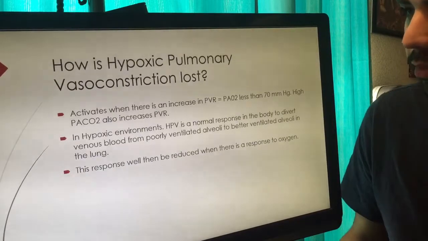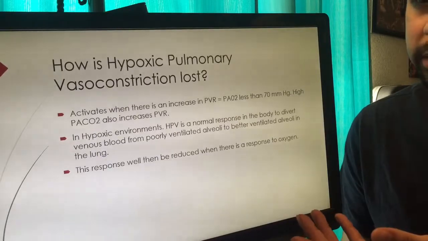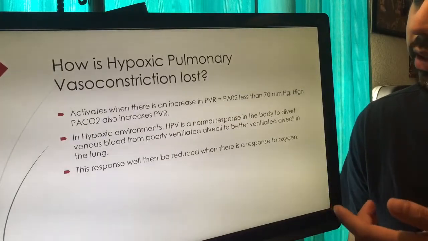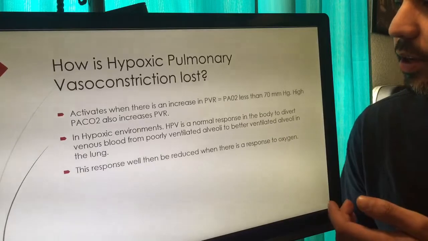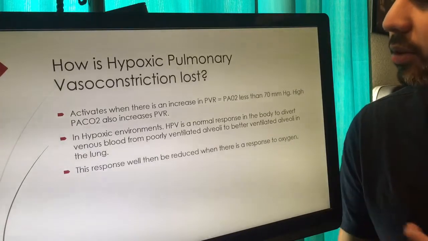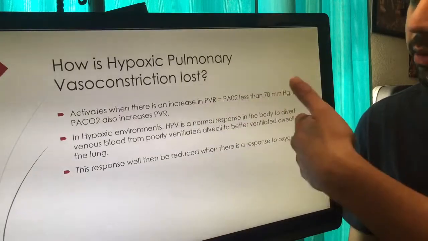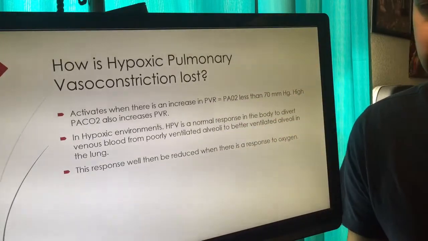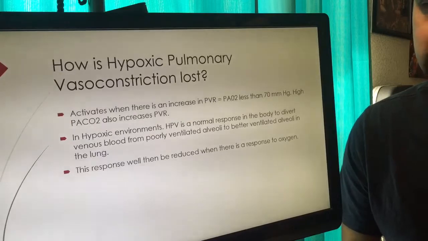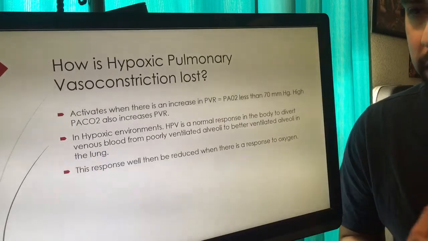I also want to say that when this process has to happen with a PaO2 that's less than 70 millimeters of mercury, or like I said again, when there's high amounts of carbon dioxide in the body, the lungs are now receiving.